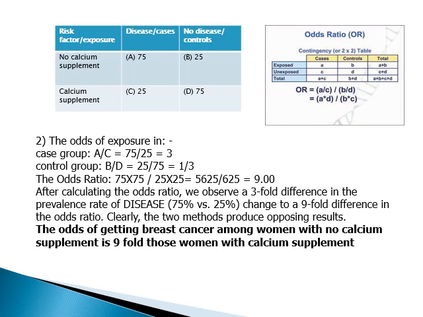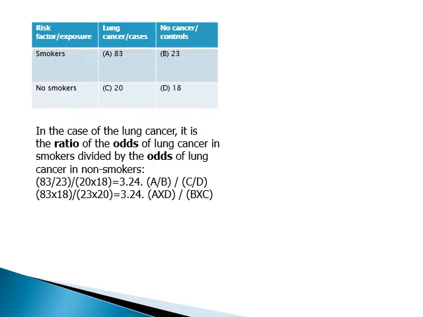After we calculate with the two methods at the right, A divided by C divided by B divided by D, or A multiplied by D divided by B multiplied by C, it will give the same answer. So the odds of getting breast cancer among women with no calcium supplement is 9-fold that of those women with calcium supplement.